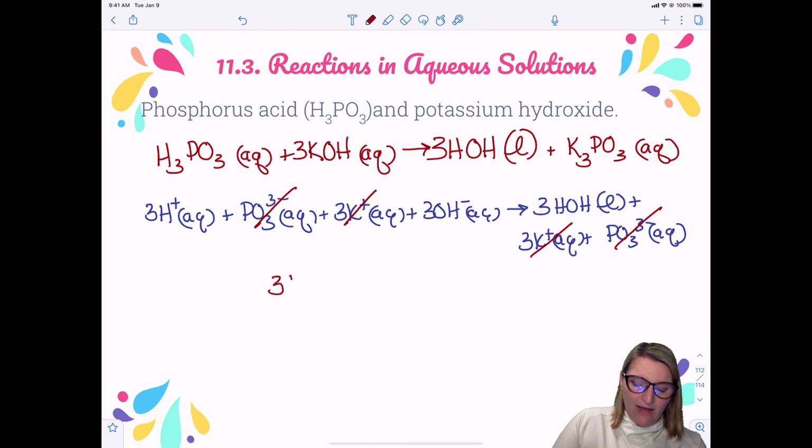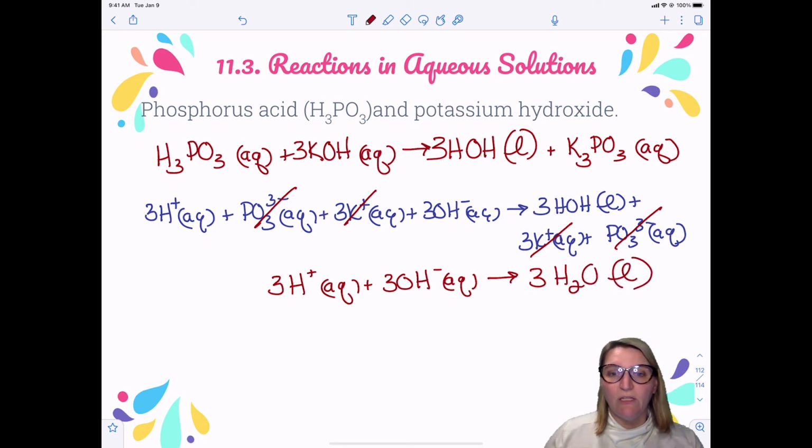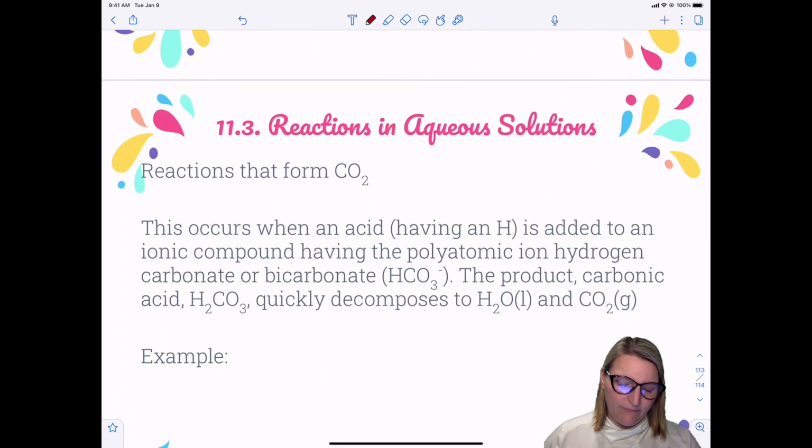So what is actually reacting? What's the net ionic equation? As we said before, the net ionic equation for acid-base neutralization reactions is almost always just H+ plus OH- makes liquid water. I could reduce those down to just 1, 1, and 1.